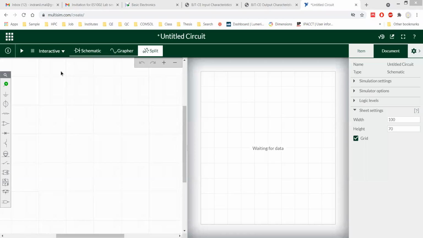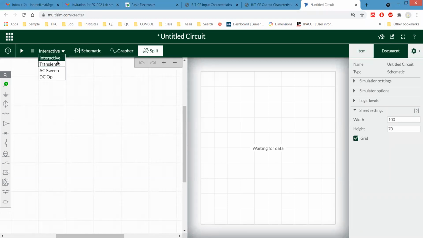So I was telling you that we have already discussed that we can plot directly if we have the DC sweep mode. Let me share my screen. Here you can see we have interactive mode, transient mode, AC sweep mode, and DC operating point mode.